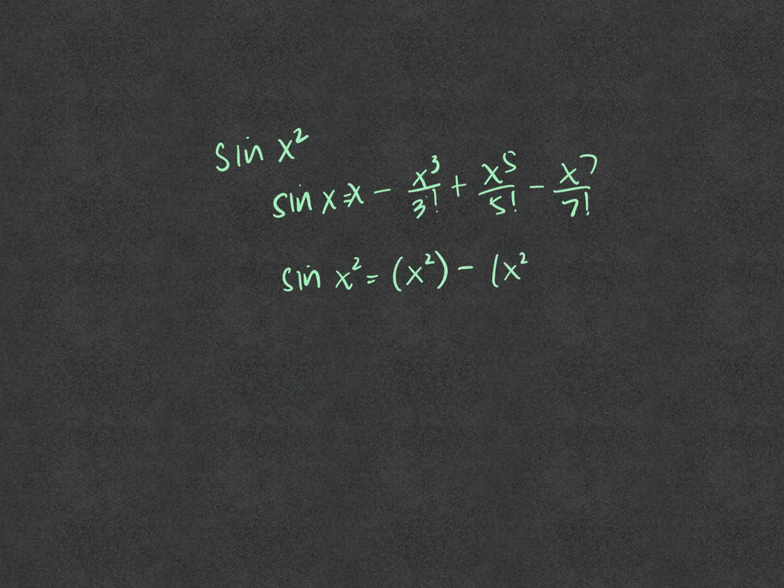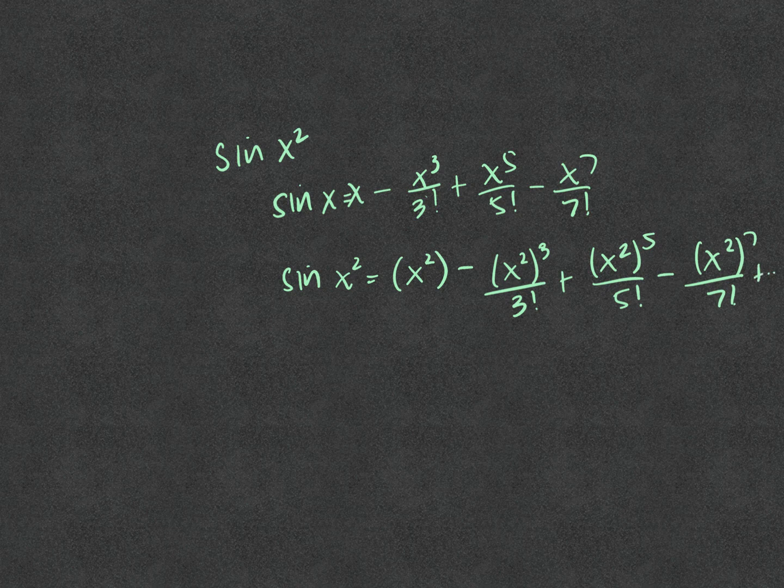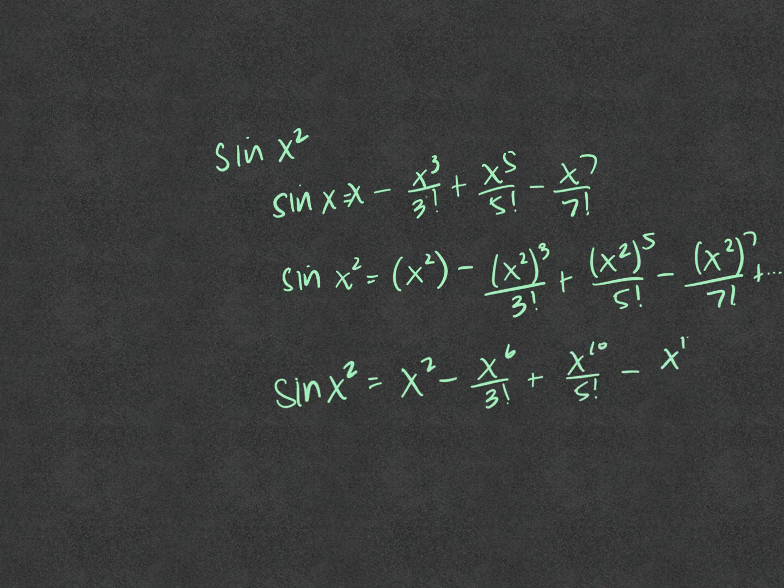So we're going to take x squared and raise it to the third power over 3 factorial, plus x squared raised to the fifth power over 5 factorial, minus x squared raised to the seventh power over 7 factorial, and so forth. So sine of x squared as a series is x squared minus, this becomes x to the sixth over 3 factorial, plus x to the 10th over 5 factorial, minus x to the 14th over 7 factorial.